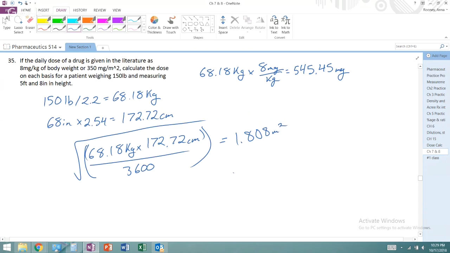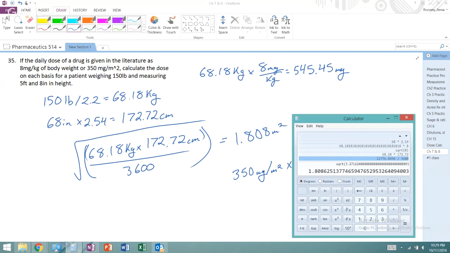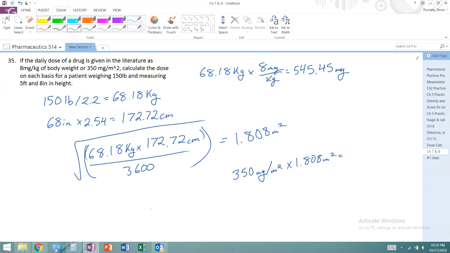Okay, and then 350 milligrams per meter squared times 1.808 meter square is 633.